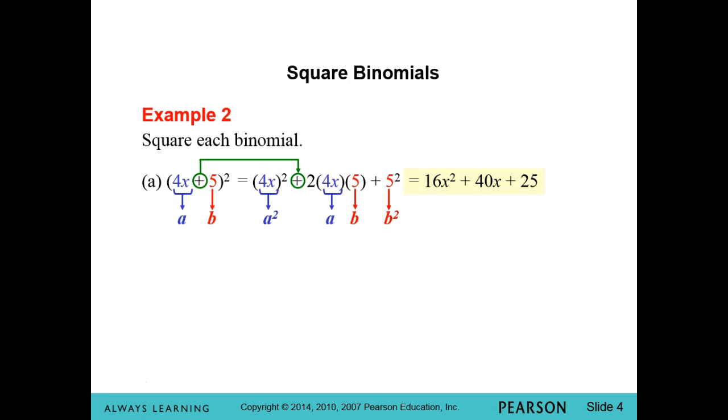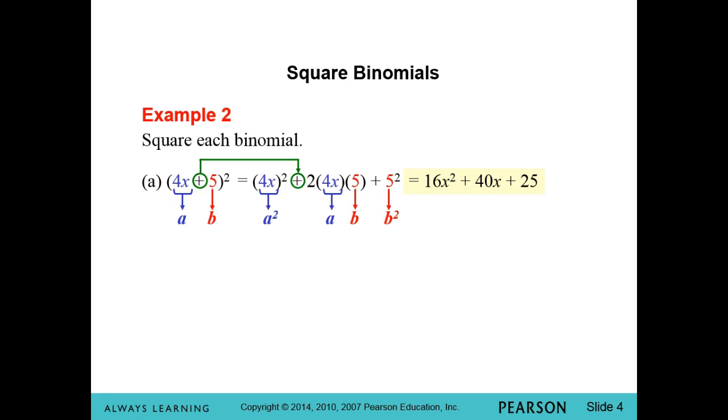Or when you write it out this way, I look at that and say, oh, 2 times 5 is 10, times 4x is 40x. To me, that's easier math than the other. They're both easy, but I just see it a lot better. But any way you do it, just be sure that you get your signs right. This is always positive, that one's always positive, and then the middle one will be the same sign as this, always. Were there other questions?